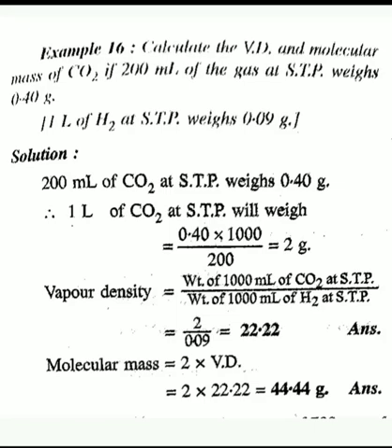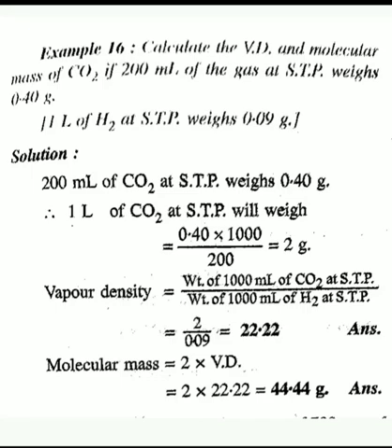So according to the formula, vapor density is the weight of 1000 milliliters of carbon dioxide at standard temperature and pressure divided by the weight of 1000 milliliters of hydrogen at standard temperature and pressure. Already we found that 1000 milliliters of carbon dioxide weighs 2 gram. In the question, the weight of hydrogen is given as 0.09 gram.